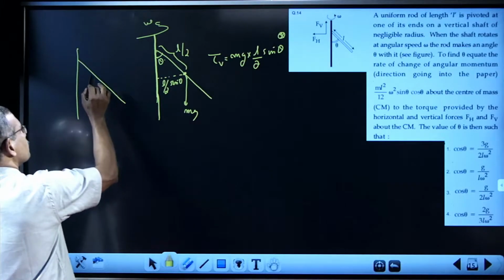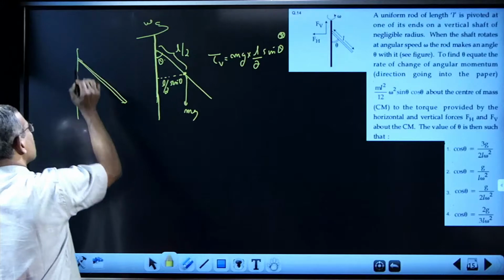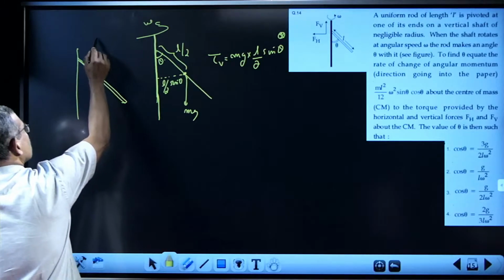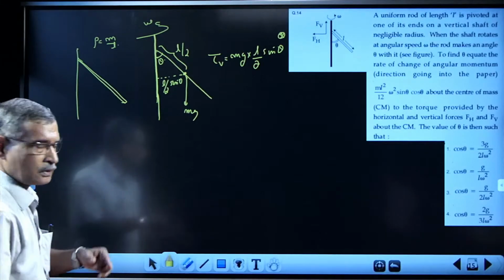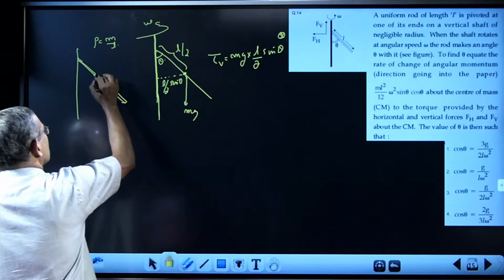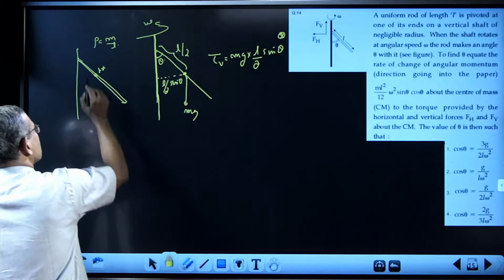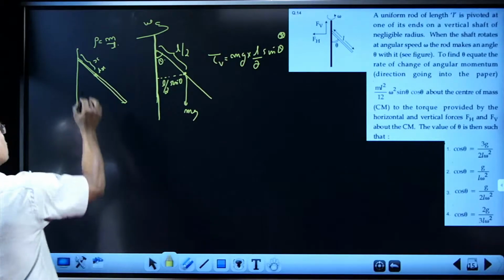This rod has mass m and length L. Therefore, rho, the mass per unit length, is m by L. Now consider a small segment with thickness dx at a distance x. Now this angle is theta.